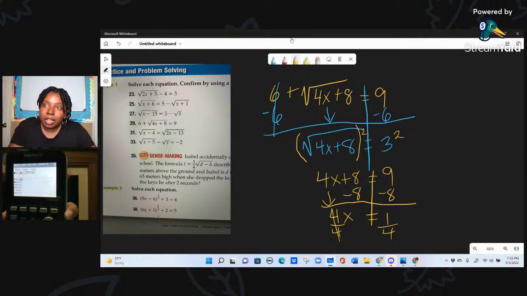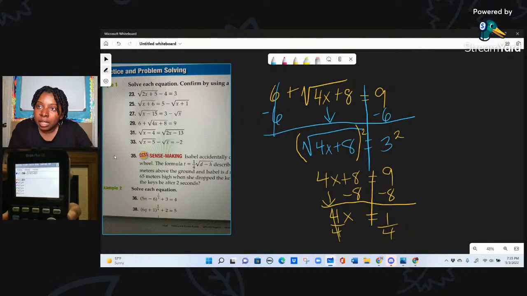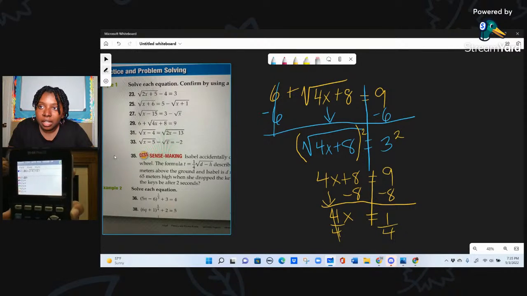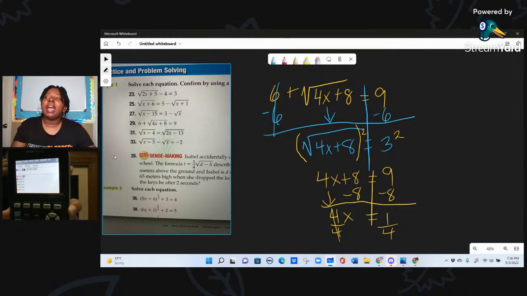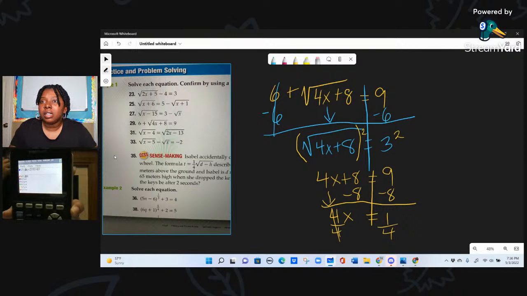There we go. So it looks like you're putting in y equals, right? Yeah, I'm putting it in there and then I graphed it. Okay. Let's see.